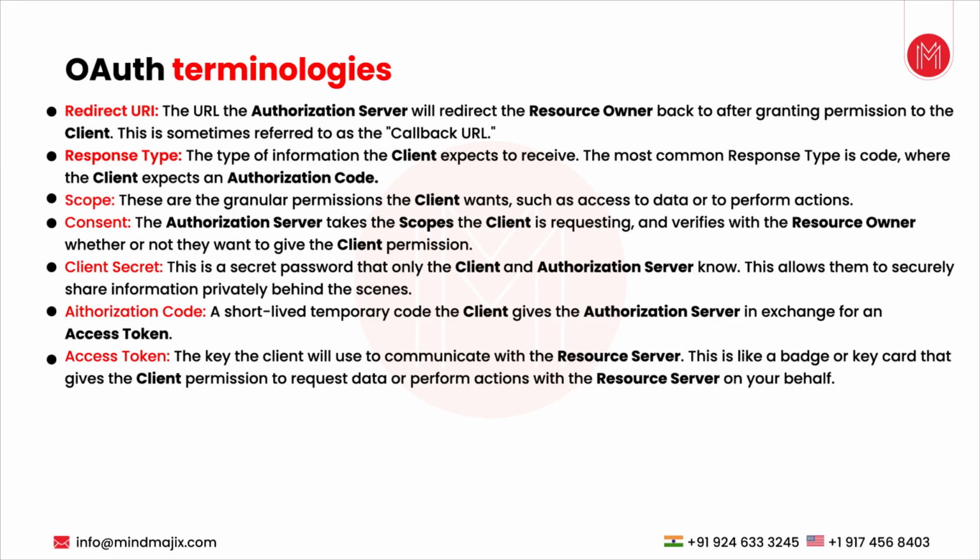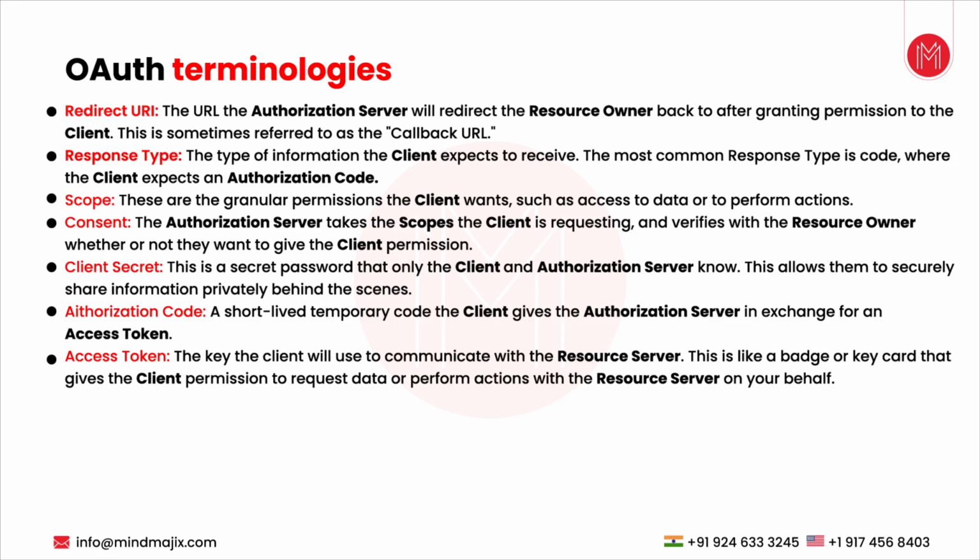We have understood what the authorization server is: it's going to verify the identity of the user and then provide an access token. The resource owner is basically the end user's account. And the client is the application that wants to access the end user's account. So basically the redirect URL is the URL that the authorization server will redirect the resource owner back to after granting permissions to the client.